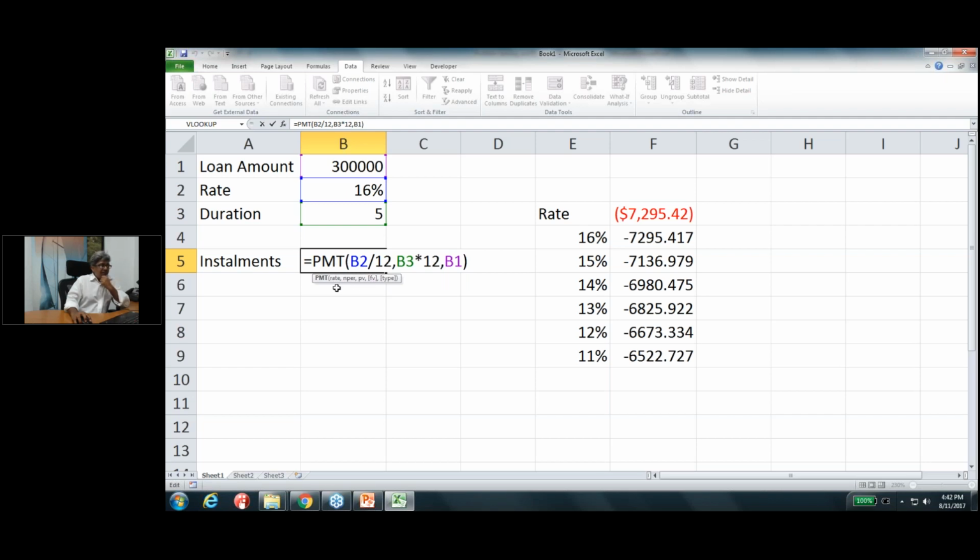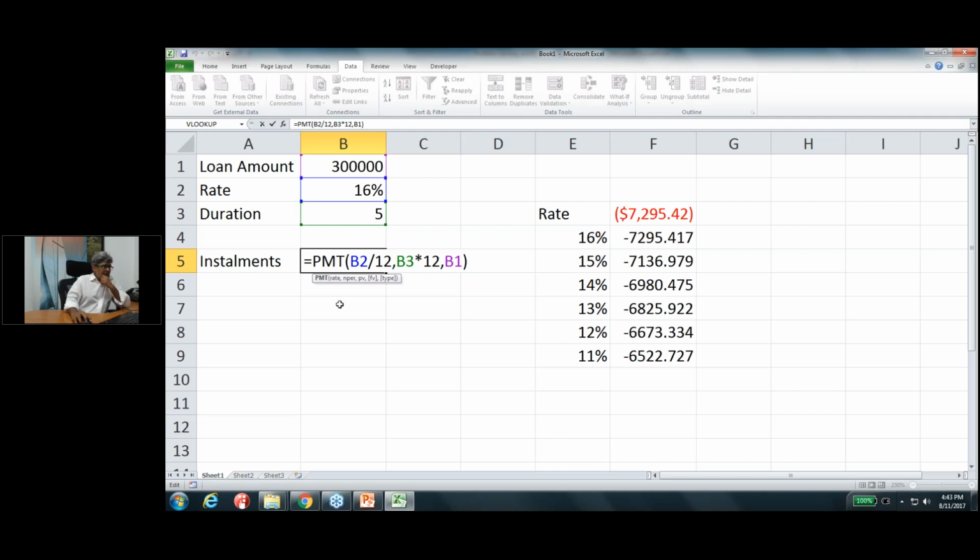The first one is the rate, the second one is NPER, and the third one is PV. PV stands for present value, NPER stands for the duration. In this example, we have the loan amount that we are getting from a bank, which is 300,000, at the rate of 16% per annum, and the duration is 5 years.